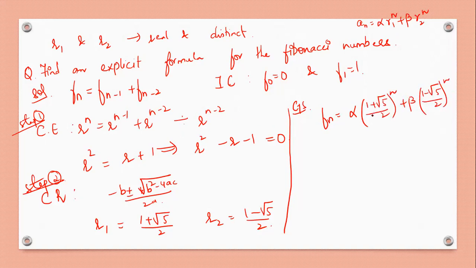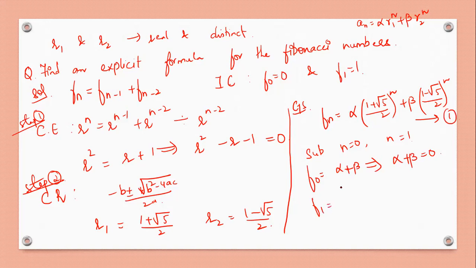They are some constants. What should you do? We substitute n = 0 and n = 1 in equation 1. When you substitute n = 0, you get F0 = alpha + beta. F0 is given already as 0, so alpha + beta = 0.